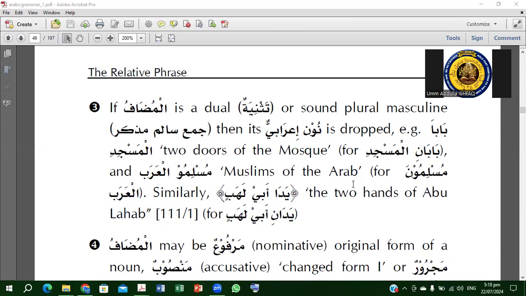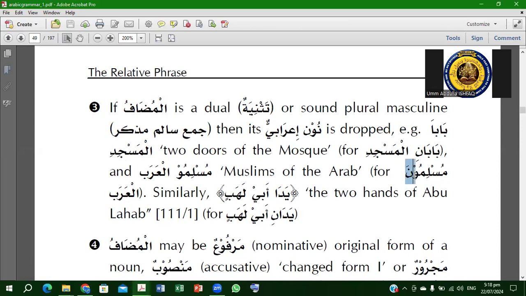We have removed the noon. Muslimun al-Arab, the Muslims of Arab. If we want to say the Muslims of Arab, we will not say Muslimun al-Arab. What we say is, we remove the noon to make it light, and we say Muslimul Arab, the Muslims of Arab. This wow tells us that this is plural, but the noon has been dropped to make it light. And Muslimul Arabi, it will be kasra here.